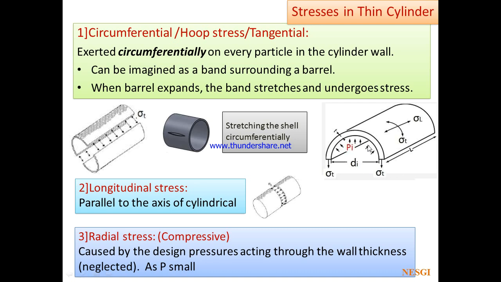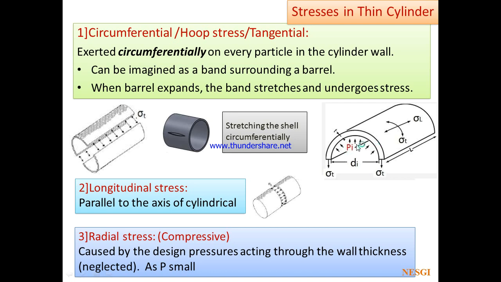Radial stress acts in the radial direction. Radial stress is exactly opposite to the pressure applied. Let us say there is a fluid because of which there is some pressure acting in this direction, and radial stress will act exactly opposite to this pressure.